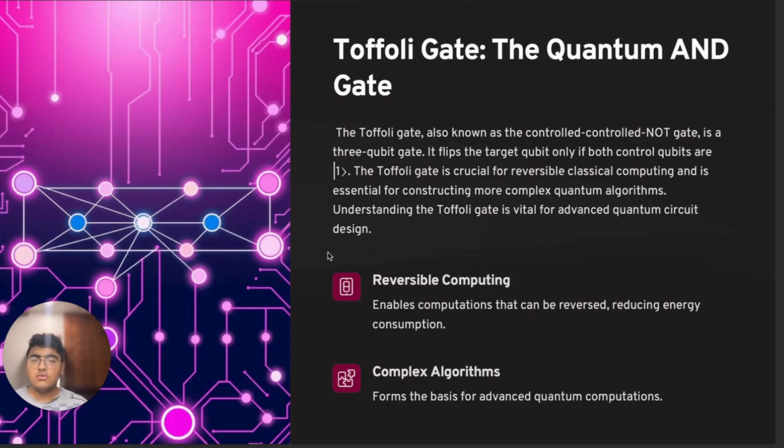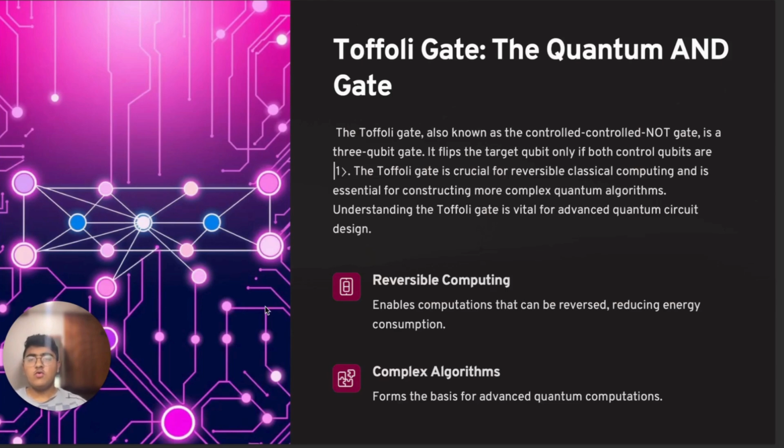In quantum computing, reversibility is crucial because operations must be unitary. The Toffoli gate is widely used in quantum error correction and in simulating classical logic gate circuits in a quantum context.